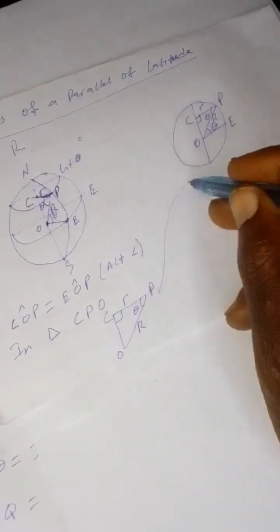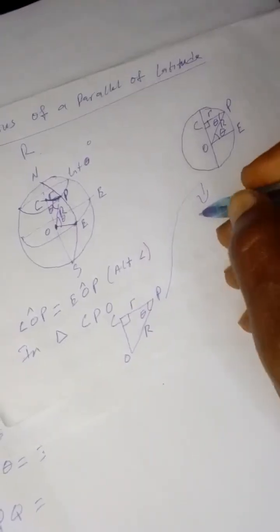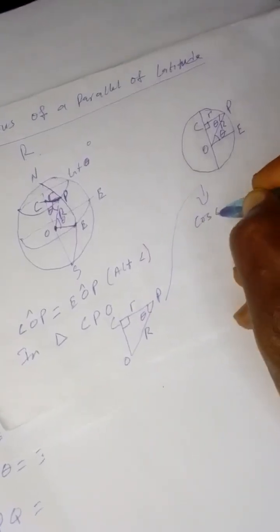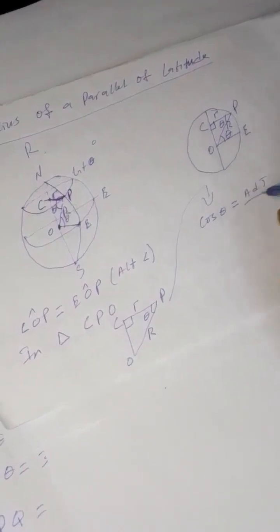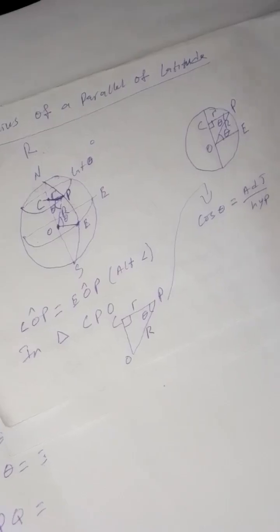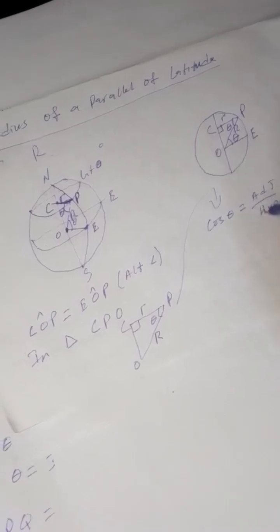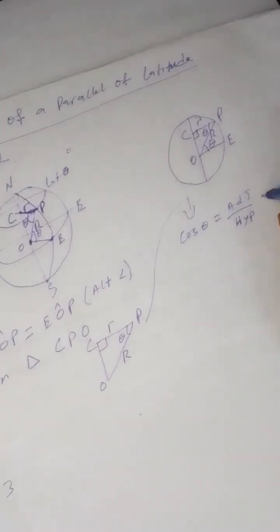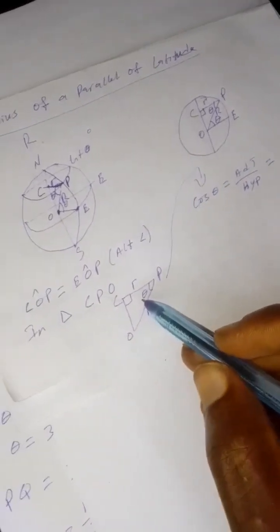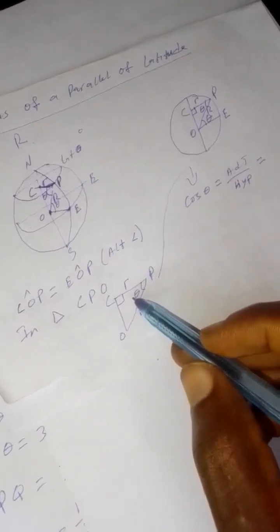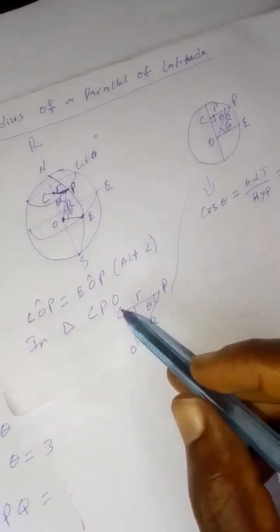So from here, in that triangle, you can say cos theta equals what? Adjacent over hypotenuse. And what's the adjacent? Adjacent is small r.